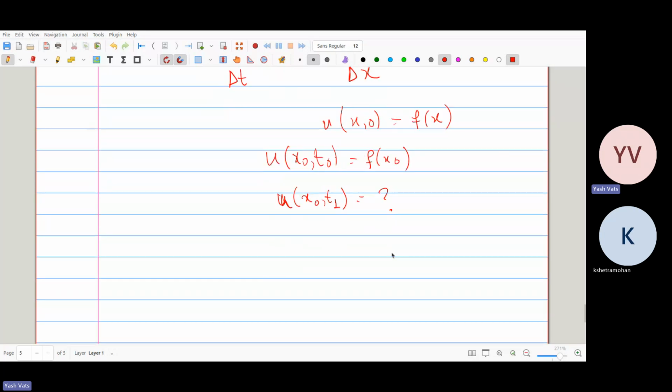Let me show it in a diagram. It starts from x naught, x1, x2. This is x, and this is t over here: t naught, t1, t2, and so on. To find the value at x naught, t1, you need the value at this point and at this one, and you need something in the previous direction, but you don't have anything there.